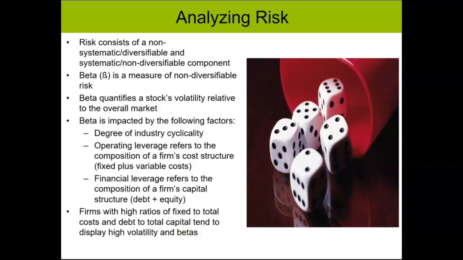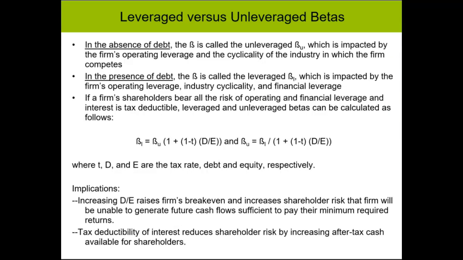So let's talk about two categories of betas as propounded by Professor Damodaran in his book Valuation. He talks about leveraged versus unleveraged betas. Leveraged betas reflect the effects of the net increase in risk on the cost of equity of increasing leverage.